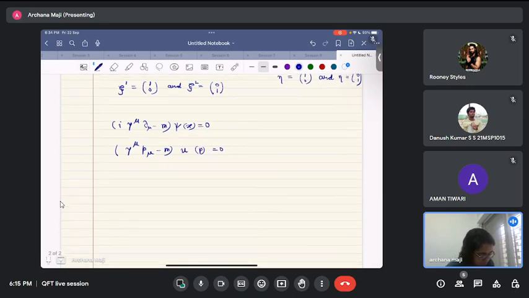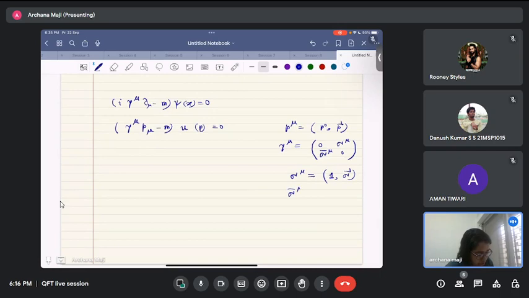What is p? The contravariant vector p is (p0, p vector), and gamma^mu is this matrix, with 0, sigma^mu, sigma bar^mu, 0. Remember sigma^mu is one identity and three Pauli matrices. Sigma bar^mu is identity minus sigma.